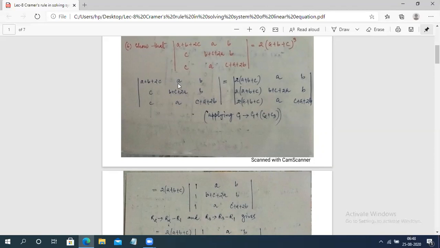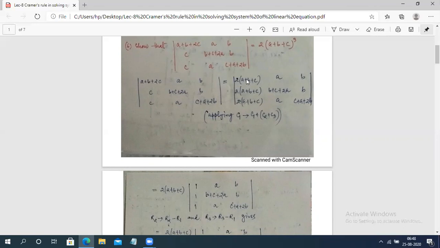Now, see, just do some elementary transformation to bring the elements of first column in the form of a plus b plus c. We can do it very easily by this transformation. If we change C1 with C1 plus C2 plus C3, that means first add C2 plus C3 and then add with the corresponding terms of C1.